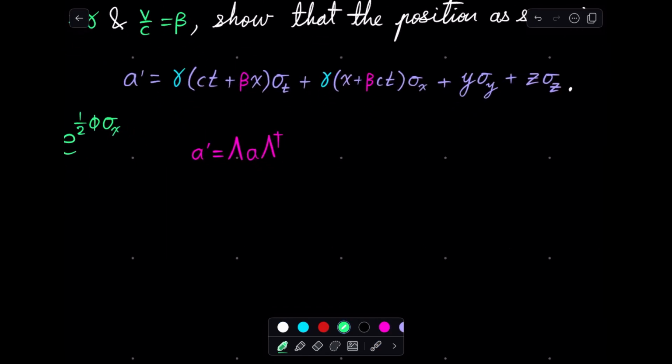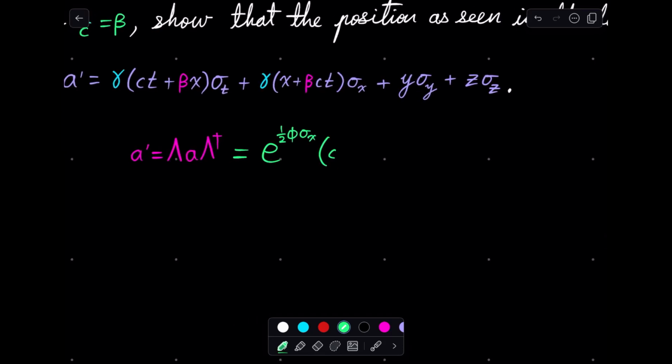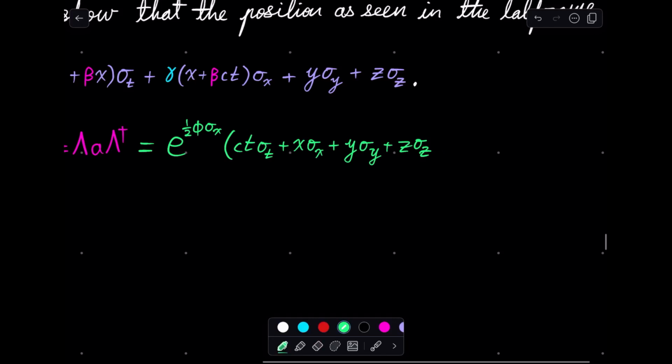So we can write this out as e to the 1/2 phi sigma x, then times ct sigma t plus x sigma x plus y sigma y plus z sigma z, end parentheses, and then because the reversion does not affect vectors, we end up with just the same e to the 1/2 phi sigma x.